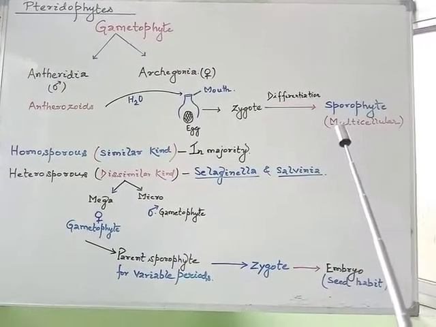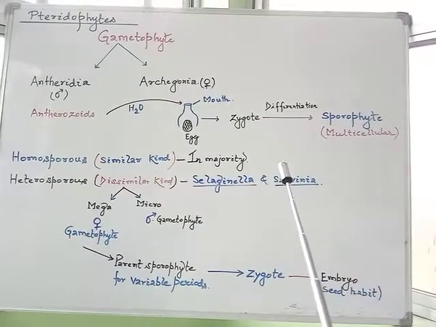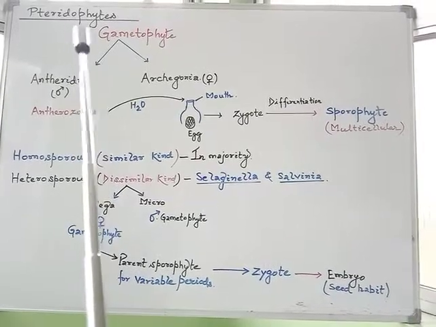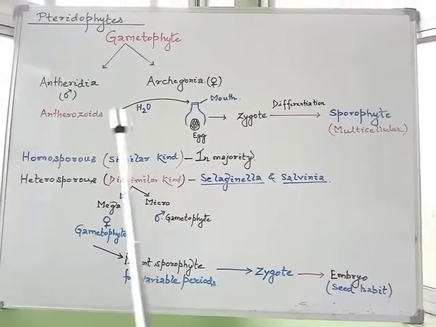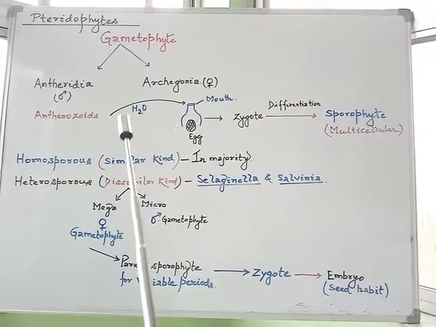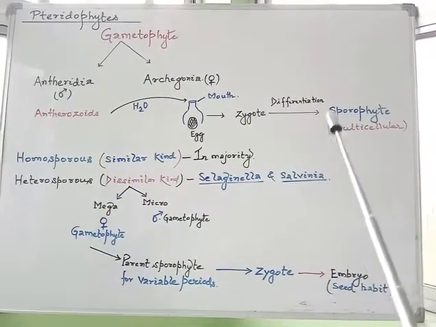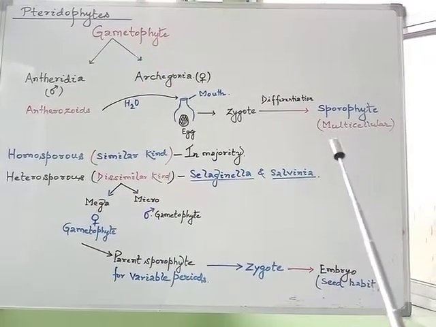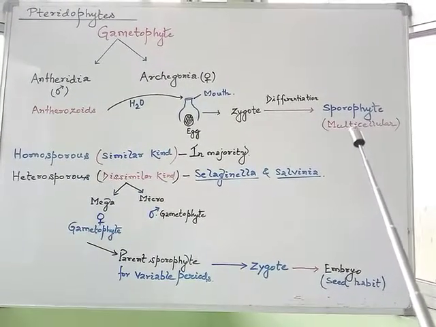In bryophytes, the gametophyte was the main plant body, but in pteridophytes the main plant body is the sporophyte. These pteridophytes reproduce and form another sporophytic plant body which is multicellular in structure.